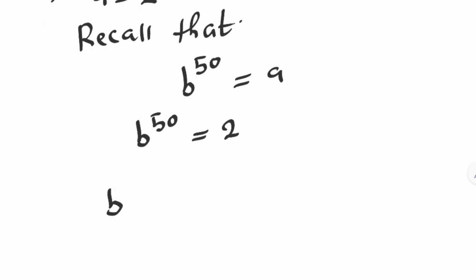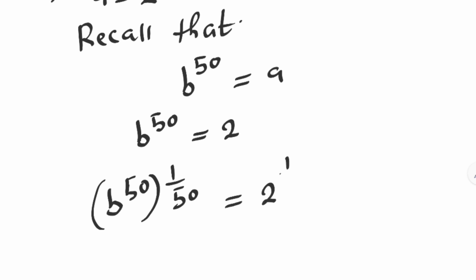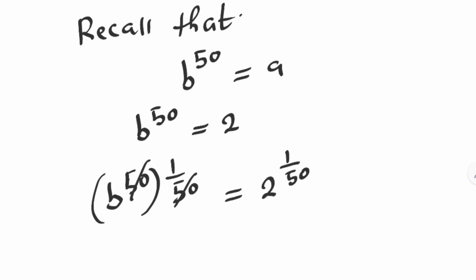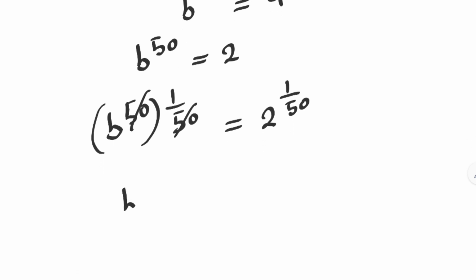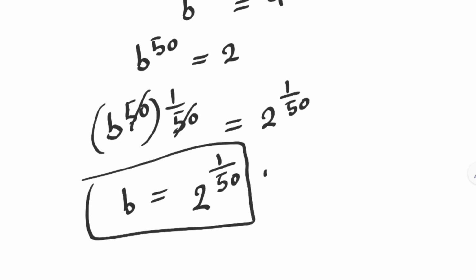We have b raised to power 50 to the power of 1 over 50 is equal to 2 raised to power 1 over 50. This cancels this. b is equal to 2 raised to power 1 over 50. And this is the final answer.